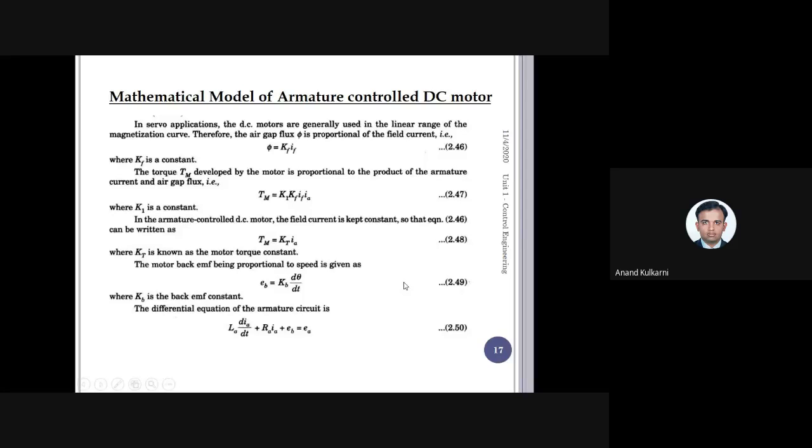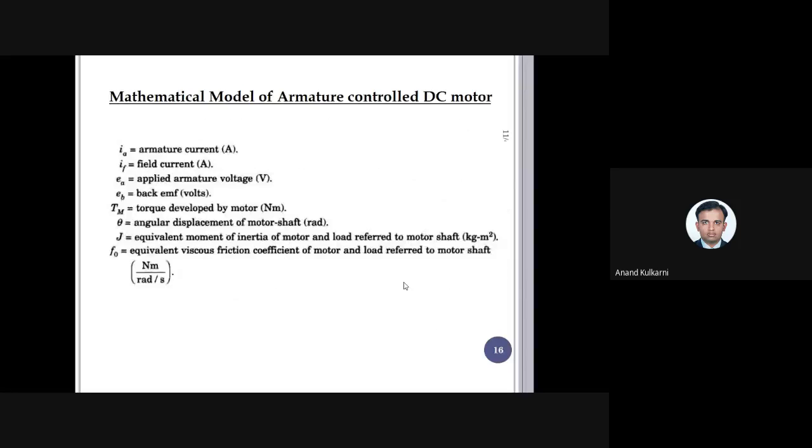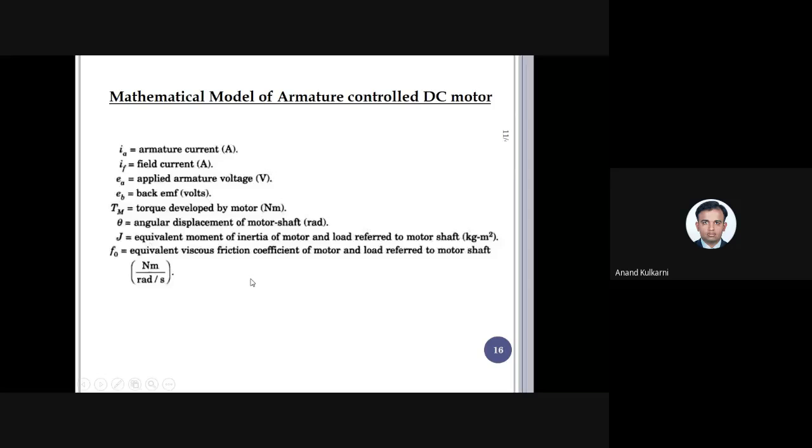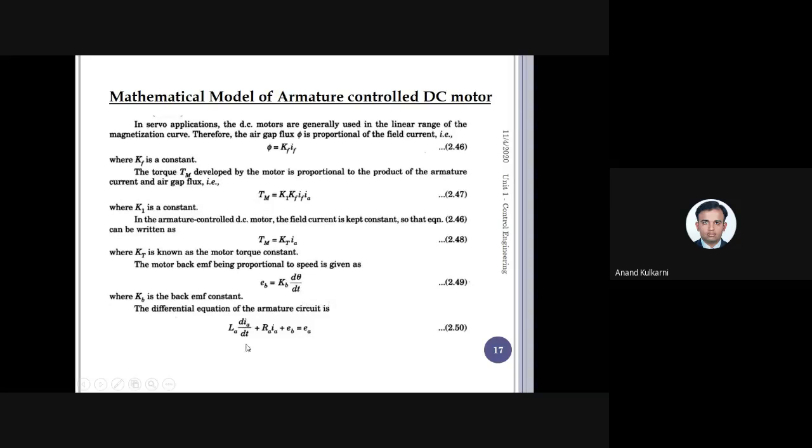Now I can write down the equation for the circuit. See here, this is our circuit. Ea is the supply voltage. So Ea is equal to the voltage drop across resistance plus the voltage drop across inductance plus the voltage drop due to back EMF. This plus this plus this is equal to the supply voltage. That is the equation here.